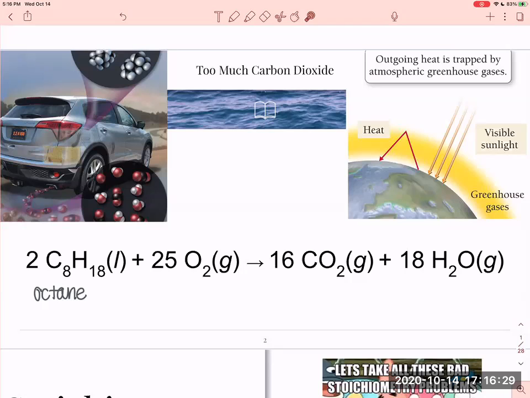But what stoichiometry does is it tells me that if I burn some amount of gasoline, assuming gasoline's 100% octane, which it's not, but if I burn a certain amount of octane, how much carbon dioxide will I produce? And so this is a really reasonable question to ask.